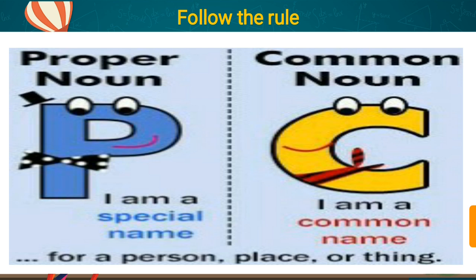The common noun says that it's a common name, and the proper noun says that I'm a special name. A common noun is the name of a common thing like book, car, school. Whereas a proper noun is the name of a special person, place, animal, or a thing.